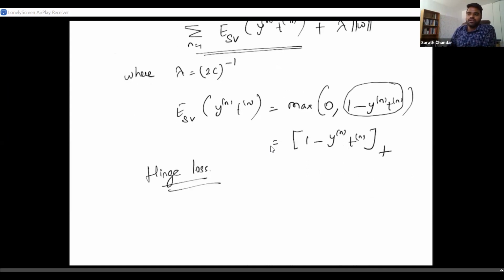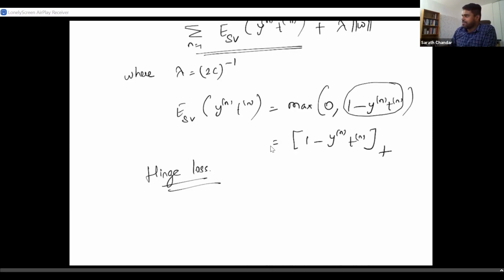Okay, so now we are seeing a new error function, right? So can someone tell me what are the different loss functions we have seen so far in this course? Maybe in the chat. Okay, so there is MSE. What else? There is 0-1 loss. Yes.